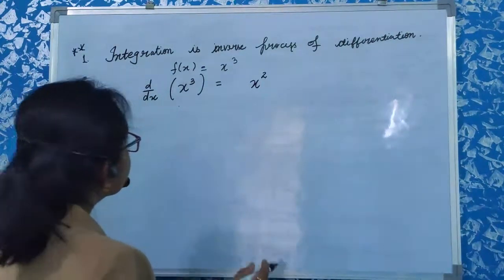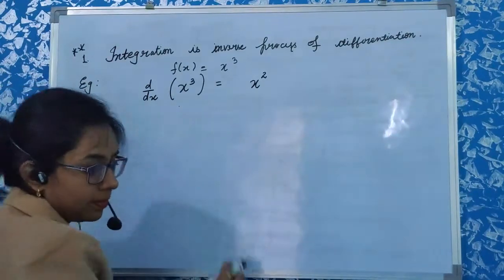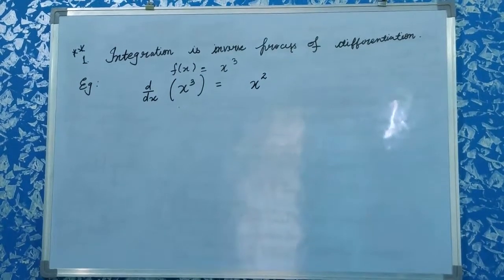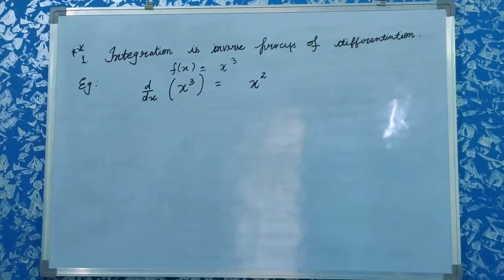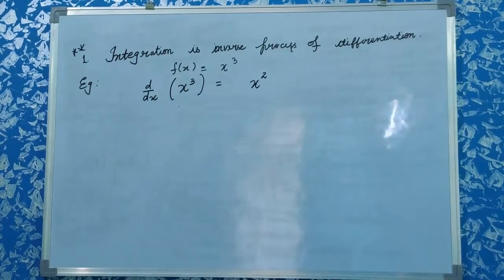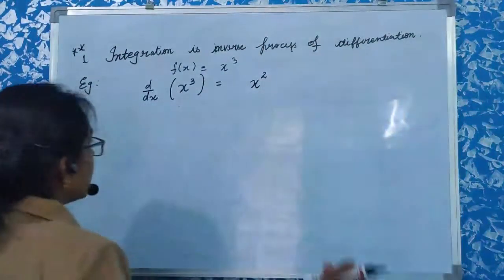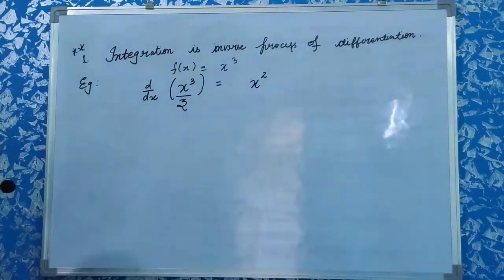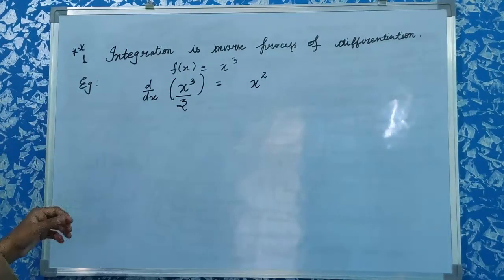So now, x square. I'm sorry, I wrote the question wrong. That is what I was thinking while filming the video: how is it coming x square?